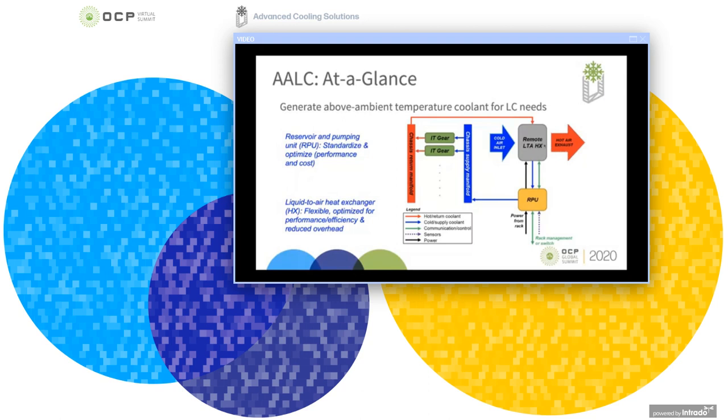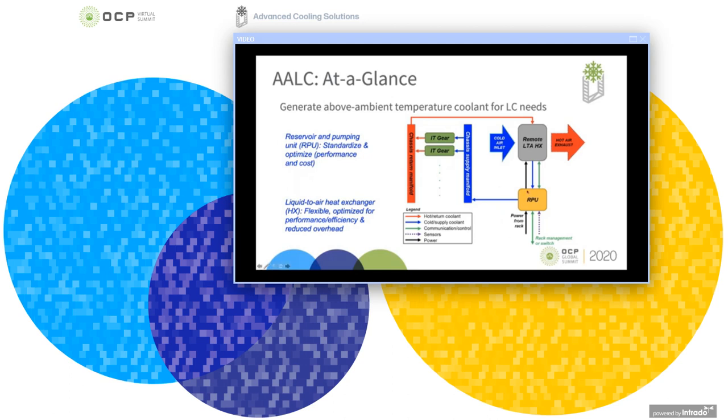So this remote liquid-to-air heat exchanger could be a door heat exchanger, could be an adjacent rack cooler for higher capacity, or an in-rack heat exchanger solution if space in the rack is available. Therefore, the liquid-to-air heat exchanger portion of this solution becomes flexible and can be optimized for performance or the end use case.